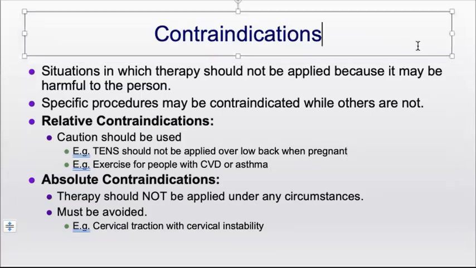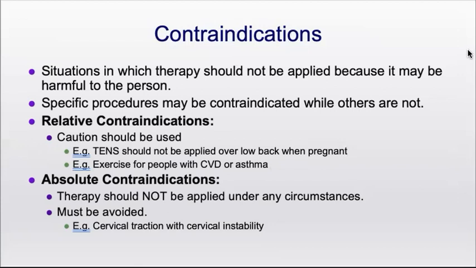Absolute contraindications are different. They're very black and white. If something is absolutely contraindicated, therapy should not be applied under any circumstances, and it must be avoided. A common example for this would be if somebody has instability between their C1 and C2, so their atlas and their axis in their cervical spine.